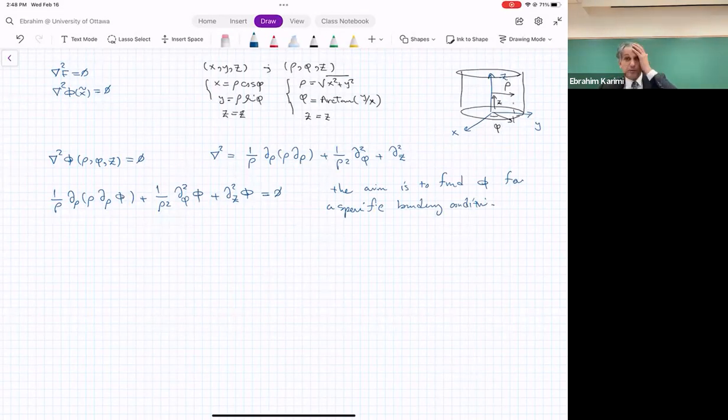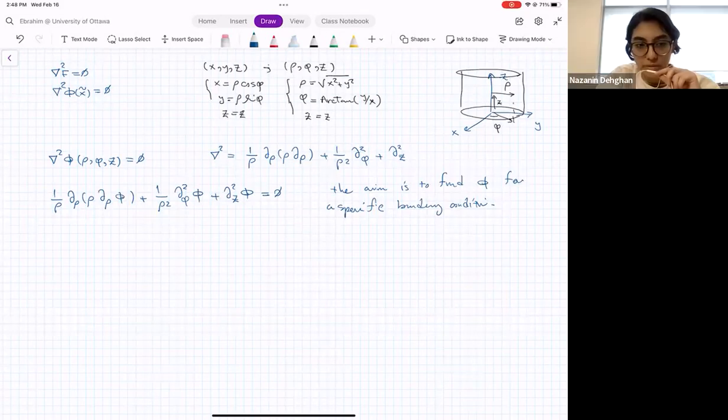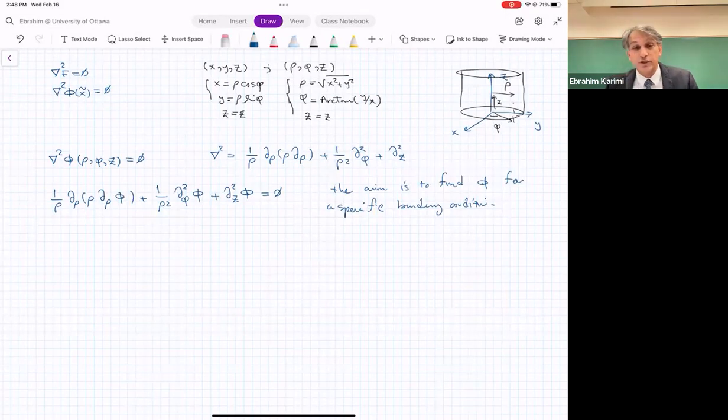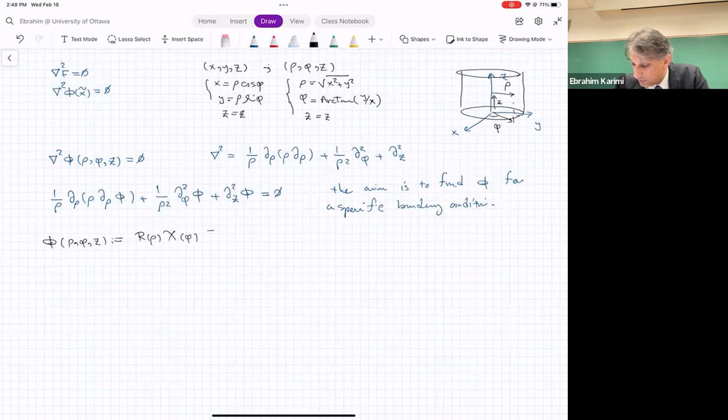So how do we solve this problem? Guys, you should know. Separation of variables. Yes, that's perfect. This is the approach that we also used for Cartesian coordinates. We assume that phi of rho, phi, and z can be given as a function of rho, times a function of phi, times a function of z.